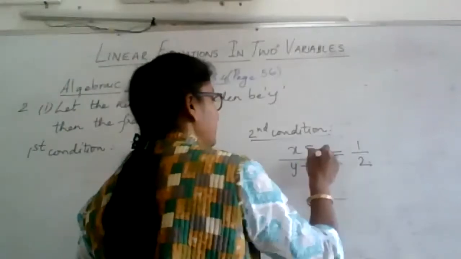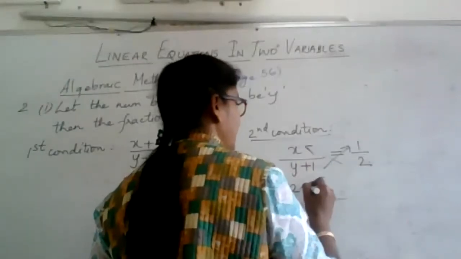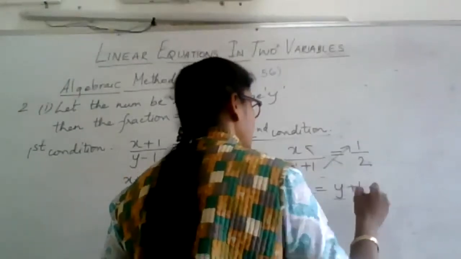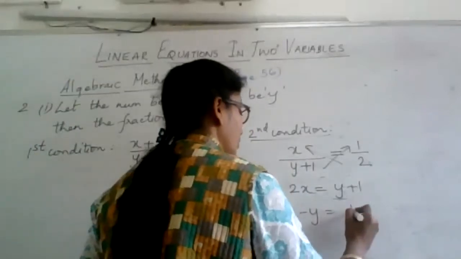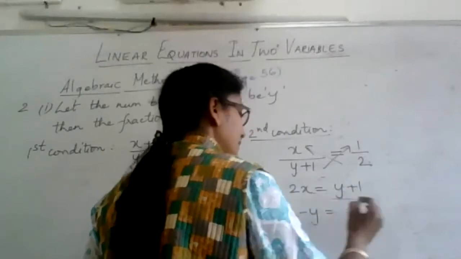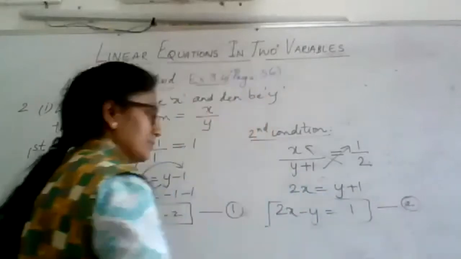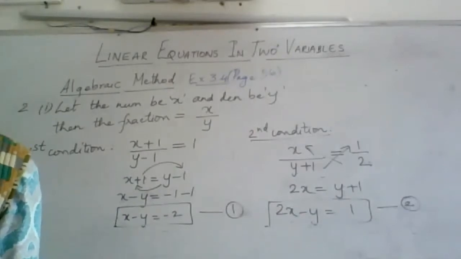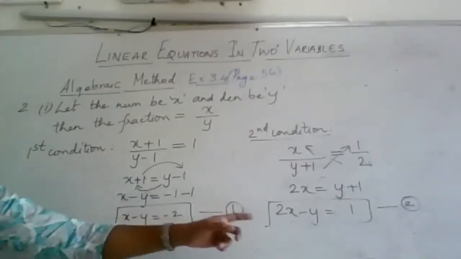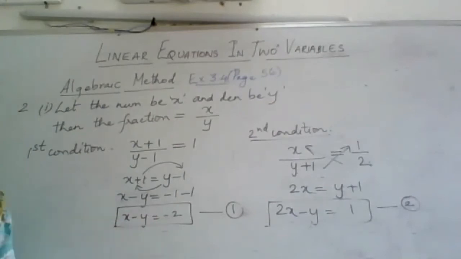So when I cross multiply, I should be getting my second equation as 2x equals y plus 1, or 2x minus y equals 1, which will be my second equation. You understand, the second equation is 2x minus y equals 1. Now the two equations are ready. You should be able to solve it using the elimination method.